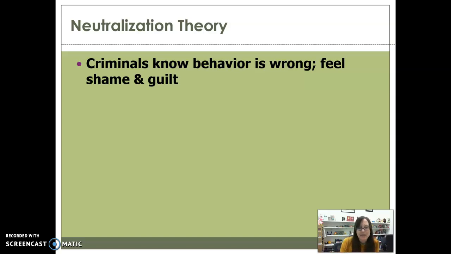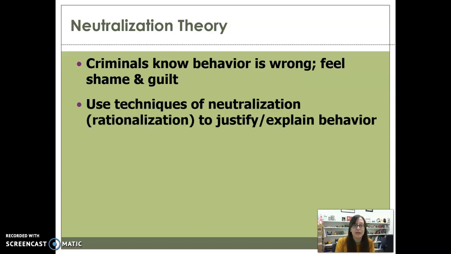And it's because these criminals feel guilt and shame for what they do that they have to neutralize that shame and guilt. So they use these techniques of neutralization or rationalization to justify and explain their behavior to themselves as much as to anybody else. Otherwise, they're just going to constantly be feeling bad about what they're doing.